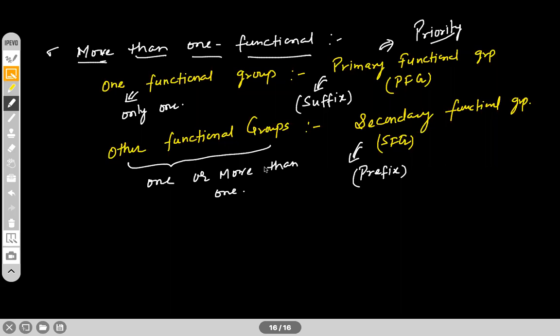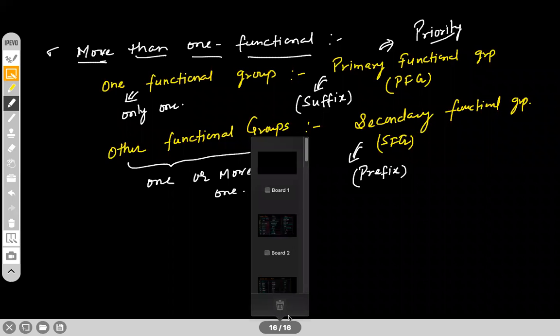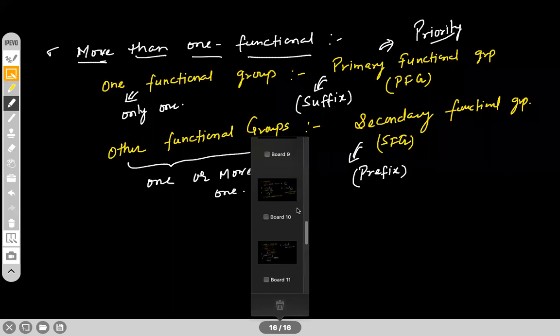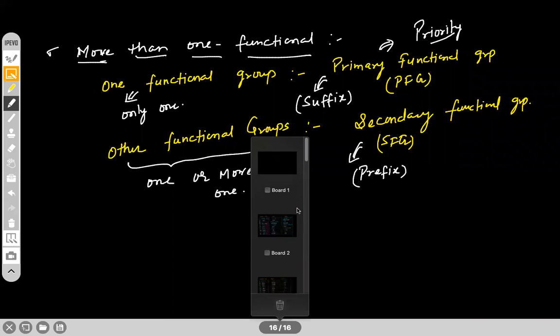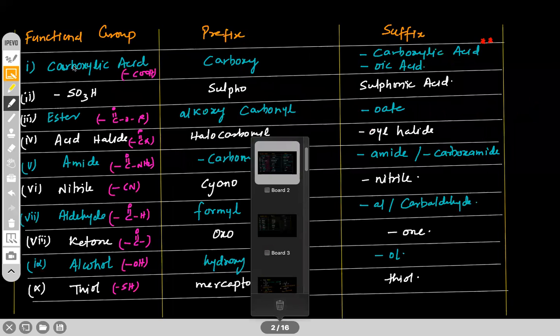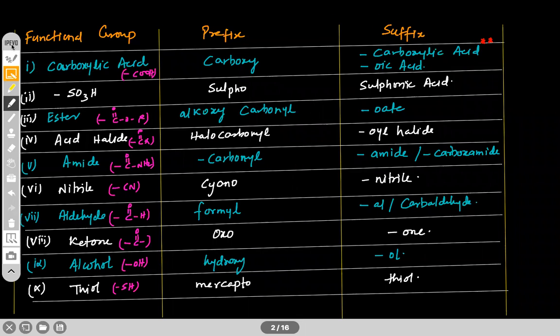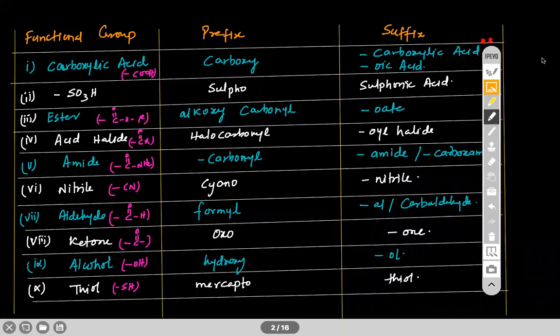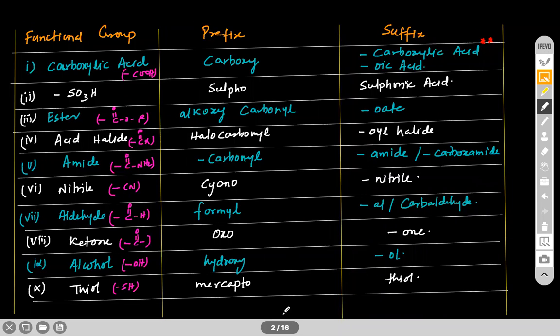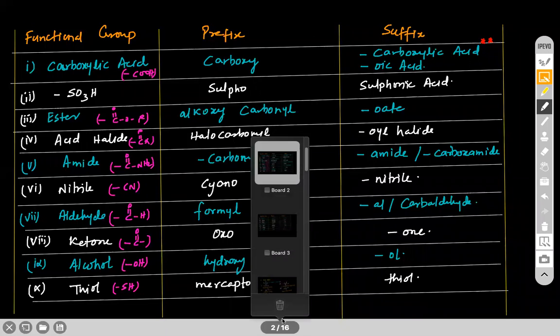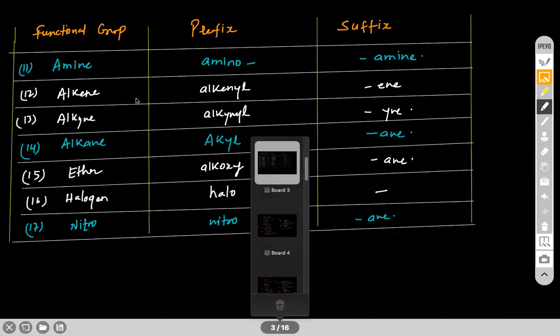Just a second, let me finish this. Okay. So I have already drawn a table of the priority of functional groups. You can copy this down. This is the table we have. You write it down as it is. I have written this in priority order from highest to lowest priority. This is one slide, and after this we have one more like this.